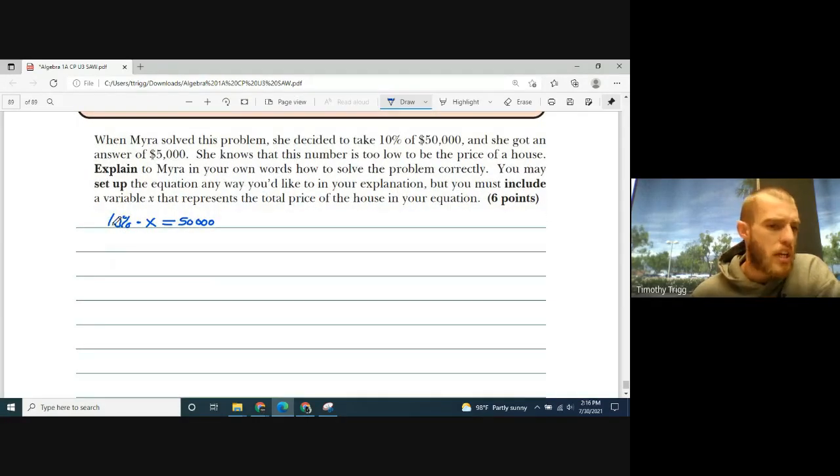Now what I would do is change the percentage to a decimal by moving it over twice. So that would be 0.10 times x, so 0.10x equals 50,000. Then to solve for x, you divide both sides by 0.10.